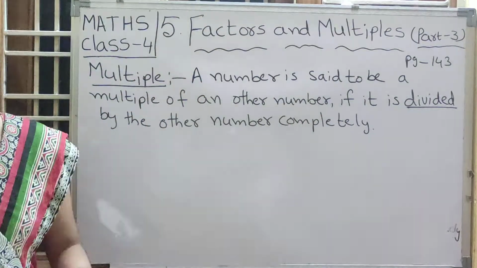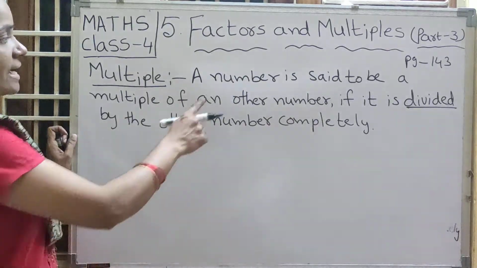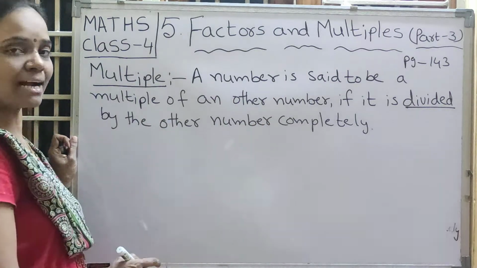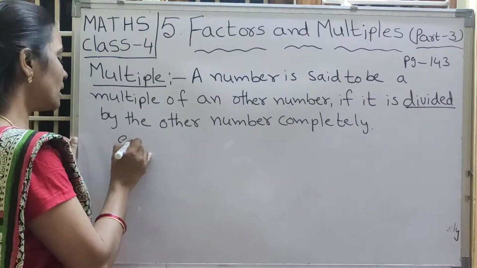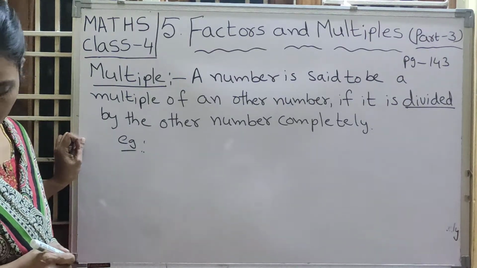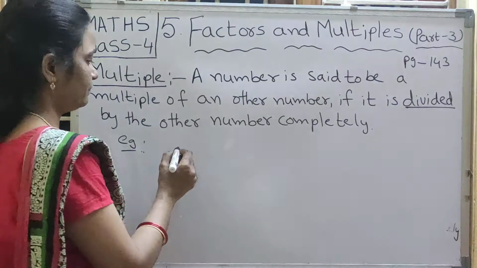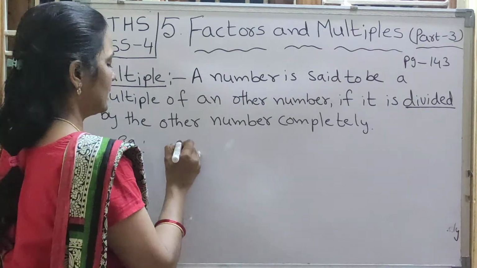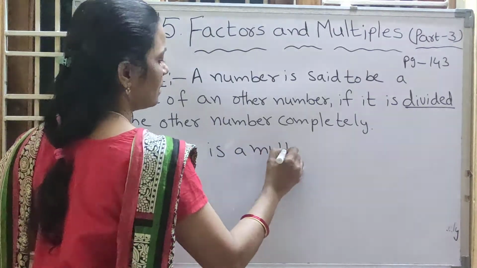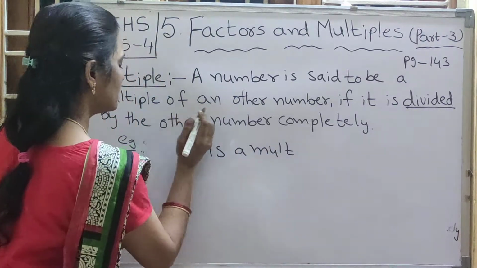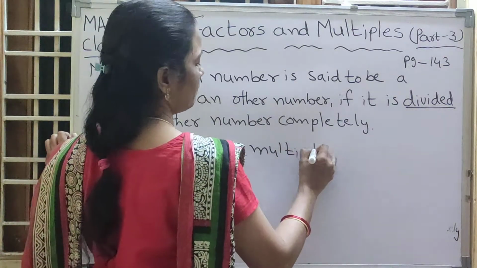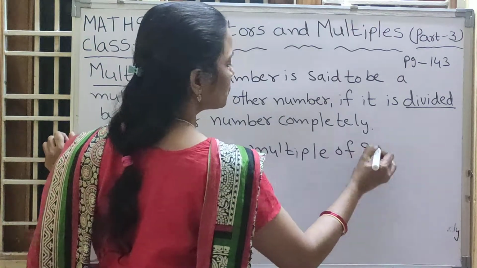Okay children? So a number is said to be a multiple of another number if it is divided by the other number completely. Example, I am saying that 12 is a multiple of 2.